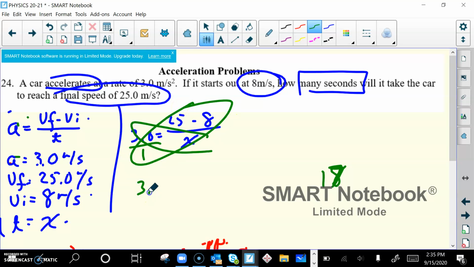So on one side, I'm left with 3.0x equals 25 minus 8, 17. One last step, you cancel the 3.